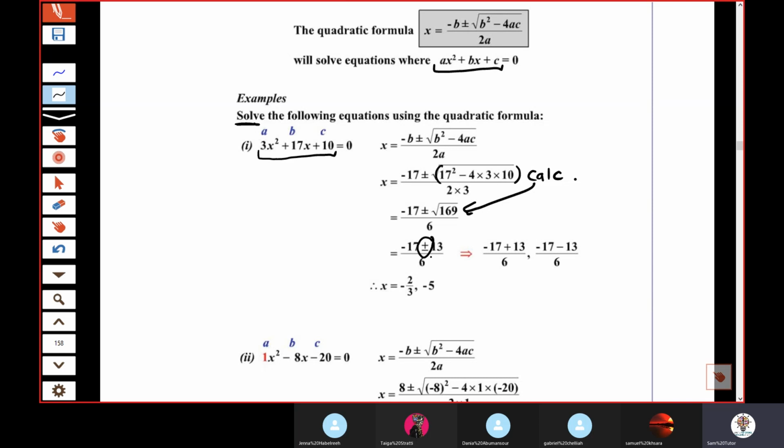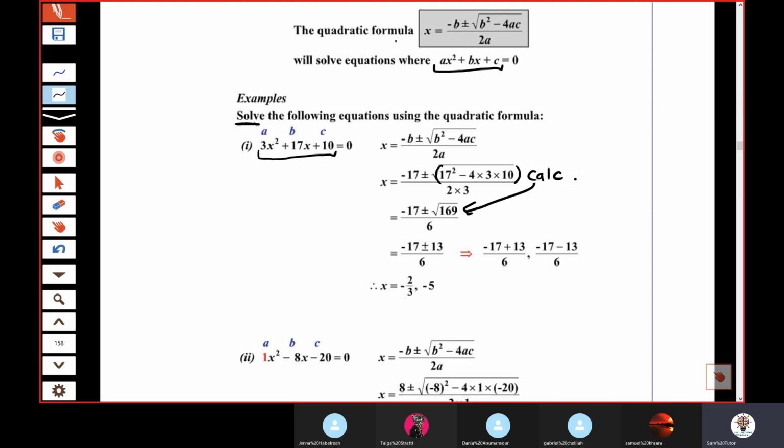If you write it out, it's negative 17 plus 13 and negative 17 minus 13. Absolutely correct. Well done, Samuel. So it'll be negative 17 plus 13 over 6 and negative 17 take away 13 over 6. That means you're going to have two answers. There they are, negative 2/3 and negative 5.